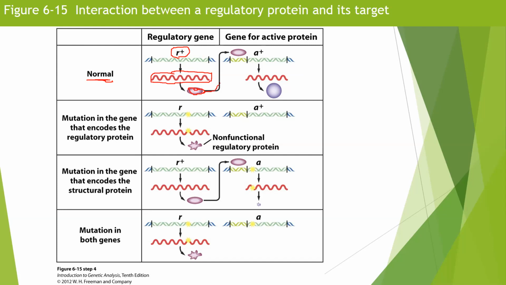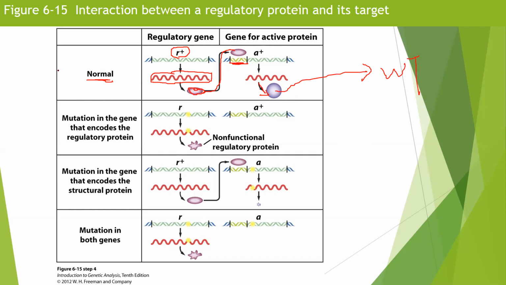This protein is going to bind on this region for the gene A, and this region is probably the regulatory region or promoter region. So only if this protein binds to that region, this gene can be transcribed and used to produce the functional protein. And this functional protein can lead to the wild type phenotype.